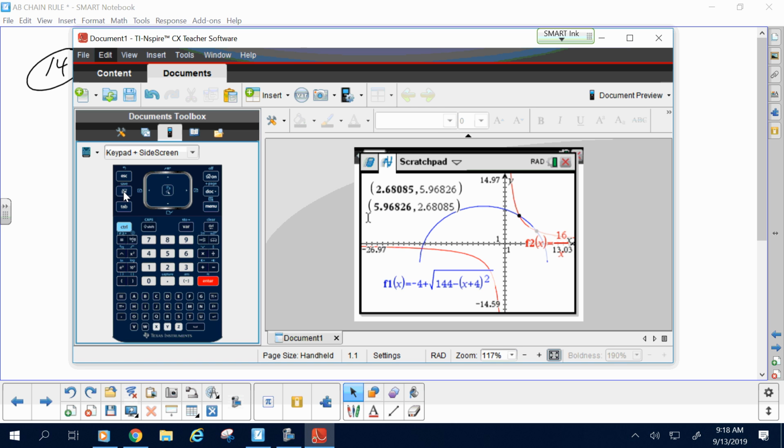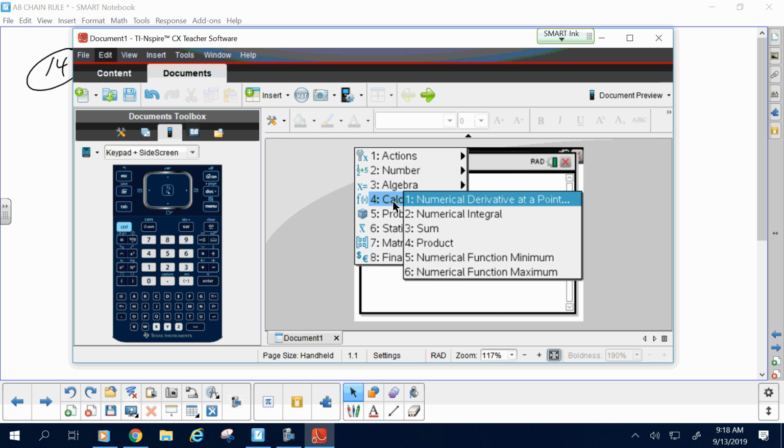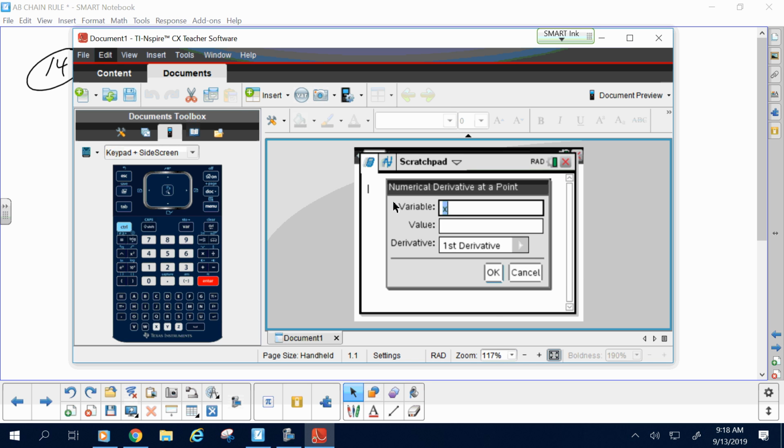Okay, now I want the derivative of the function at that point. Does it say the derivative of the circle or the derivative of the 16 over x? It says the circle, okay? So go back to your home screen, and we're going to have the derivative. Menu, calculus, derivative. We want the derivative at what value? What did I call it?